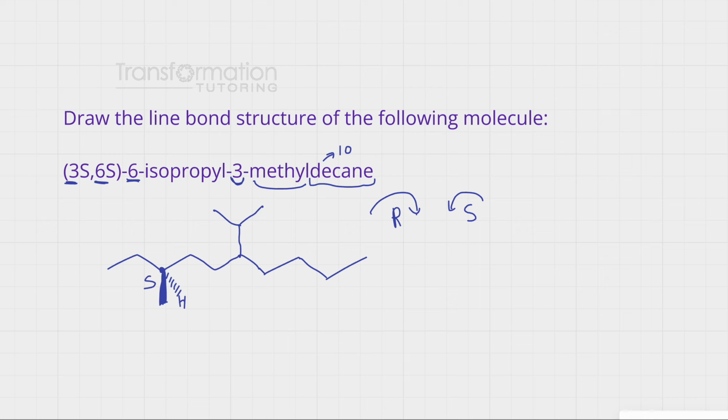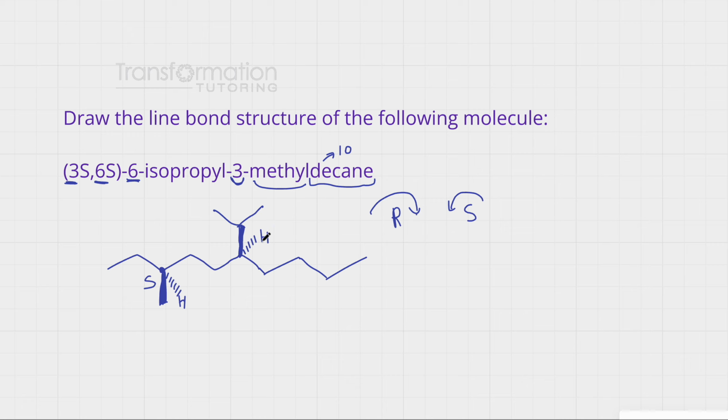And let's go ahead and go to the next carbon, carbon 6, 1, 2, 3, 4, 5, 6. This is the carbon, and I will do the same thing. I'm going to put the attached group, in this case isopropyl, on a wedge, and the hydrogen it's attached to on a dash. And again, I'm going to go atom by atom until I find a difference.